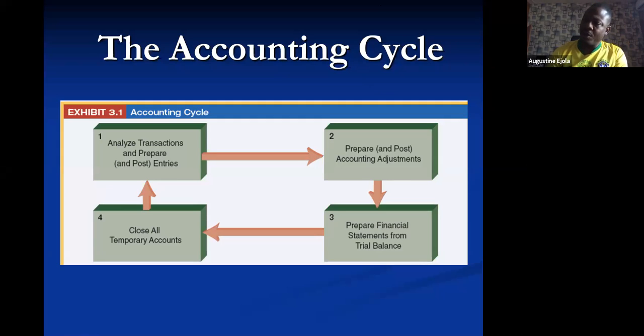That once you prepare your account based on an accrual concept, you are going to have to make adjustments for revenue that you have earned, that you have not received money for, or for expenses that you have incurred that you have not paid for.